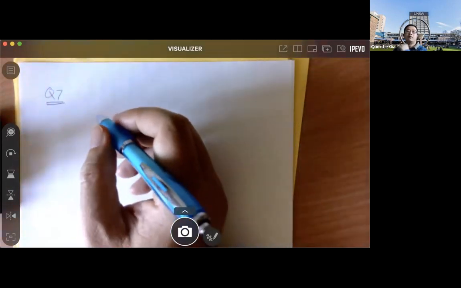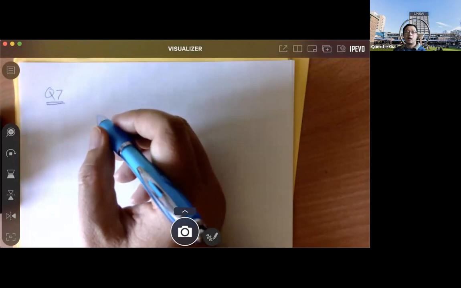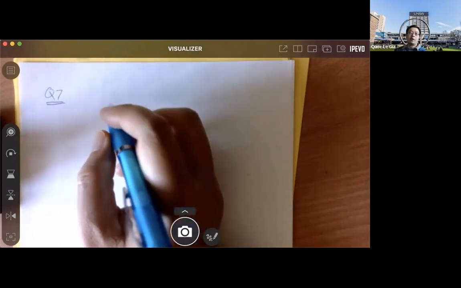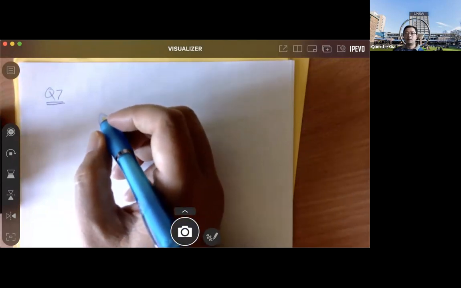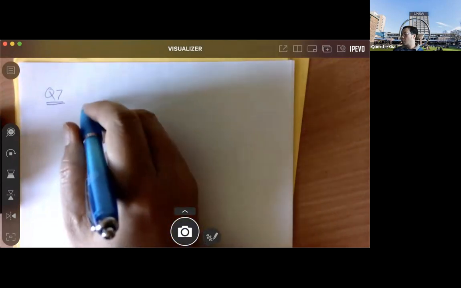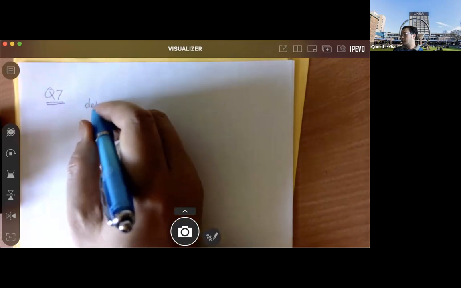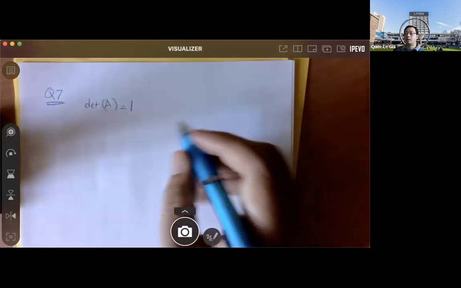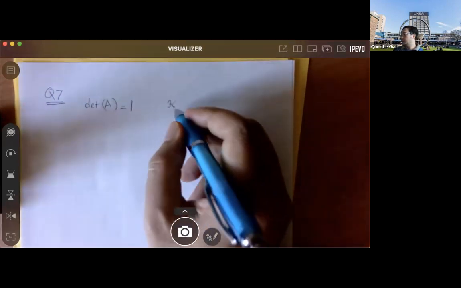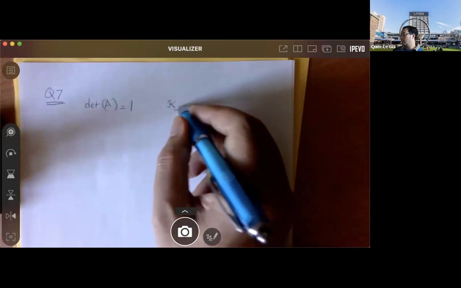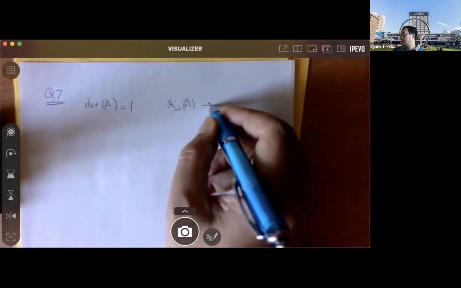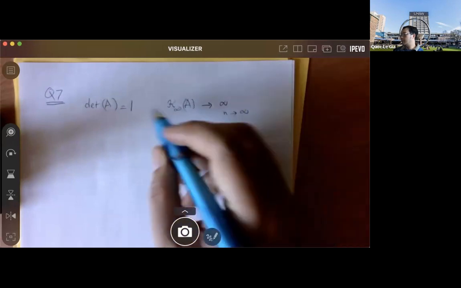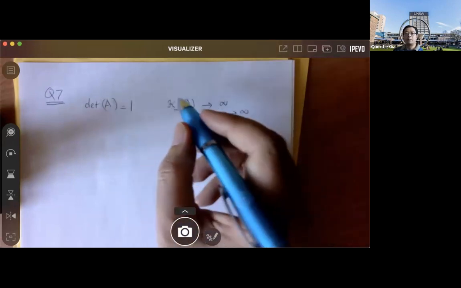Question number 7 is not a counter example, but a very interesting example of a matrix where the determinant is fixed, is 1, but the condition number can go to infinity for n going to infinity. Remember, A is just an n by n matrix.